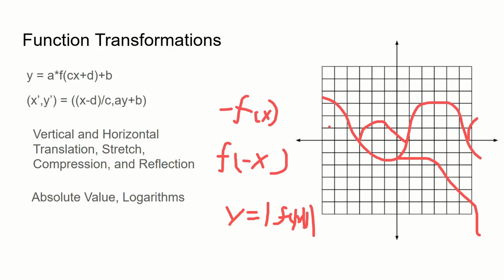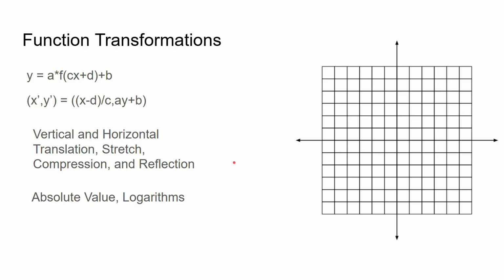And then something else you can do is with logarithms. Let's say you had some exponential function. If you do log of f of x, then it will essentially turn this into a log plot. So if this is some exponential function, it will turn it linear.